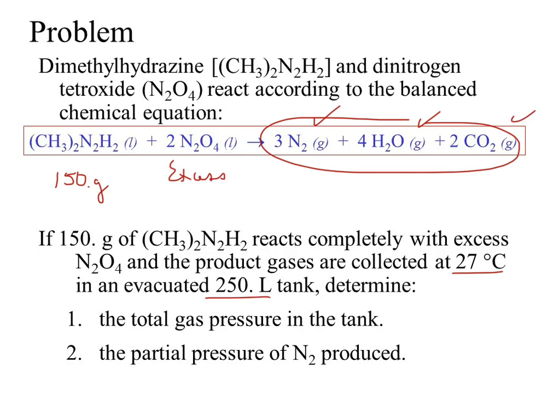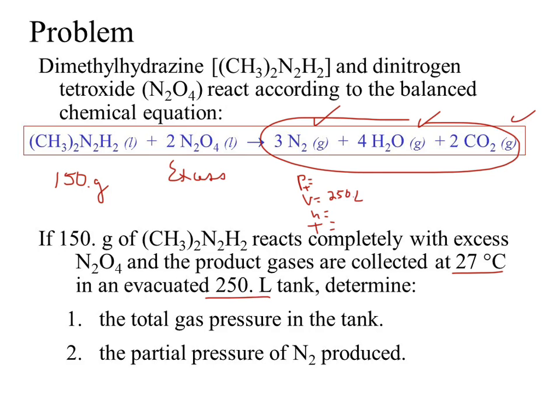Okay, and because I told you the other day, go ahead and say, what's the pressure, what's the volume, what's the number of moles, and what's the temperature. Okay, actually we're after total pressure, excuse me. And the volume is that honkin' 250 liters.